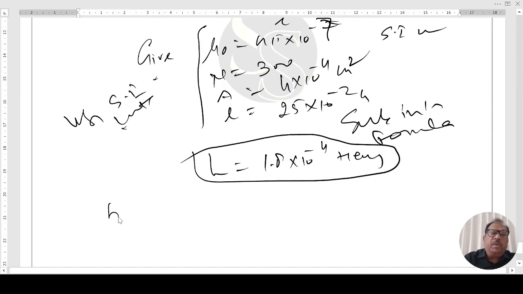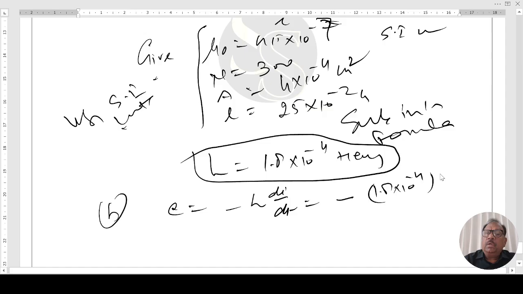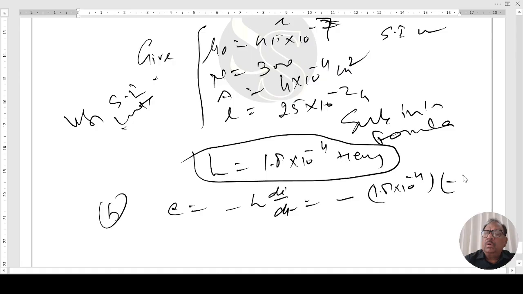And EMF, B part, minus L di by dt, that is minus L. L is given to you, 1.8 into 10 to the power minus 4 into minus di by dt, which is given to you as 50.